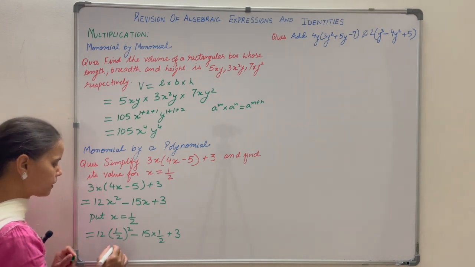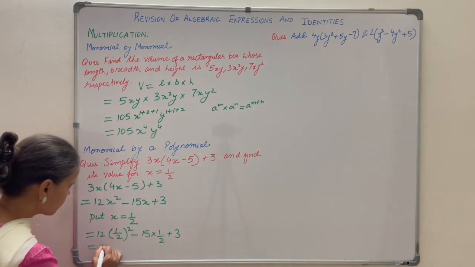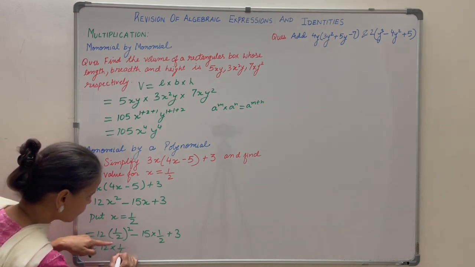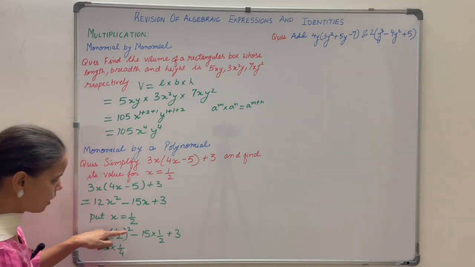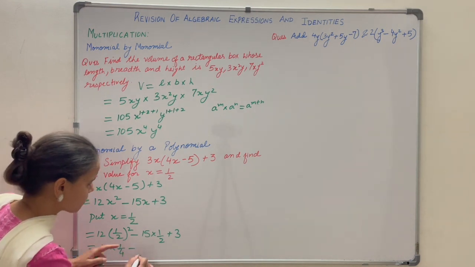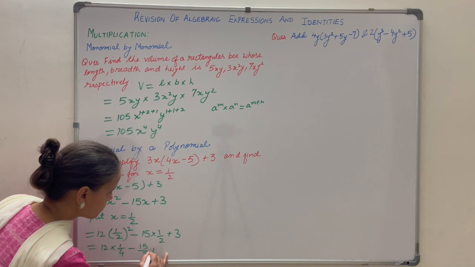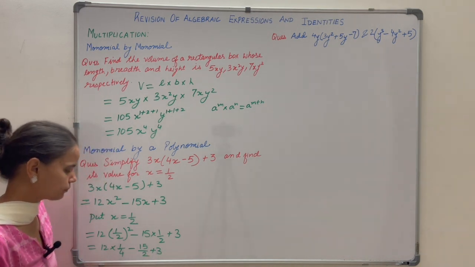Now let us open this bracket. What do you get here? 12 into 1 by 4. This is 1 square upon 2 square, that is 4, minus 15 upon 2 plus 3.